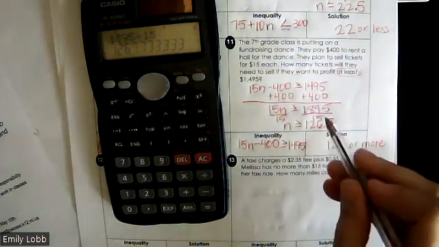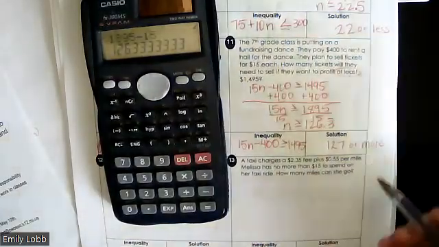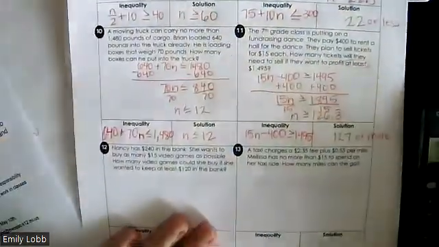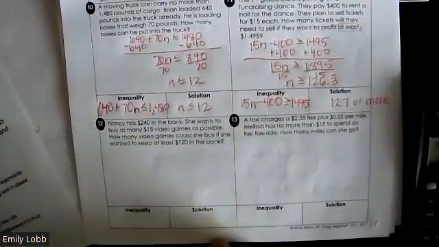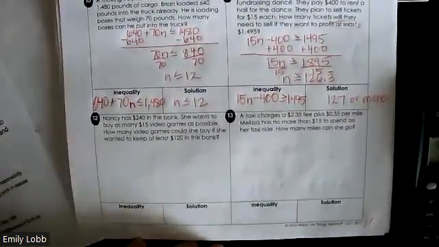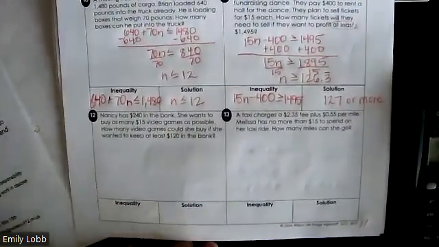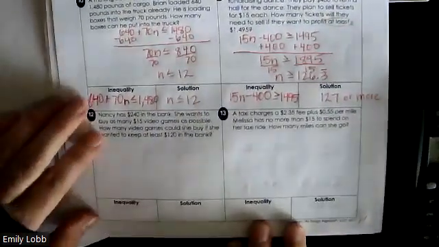I mean, at this point, if you get to this point, we're okay. Thinking past this is a real world skill, but we'll get there slowly but surely. Nancy has $240 in the bank. She wants to buy as many $15 video games as possible, but she wants to keep at least $120 in the bank.